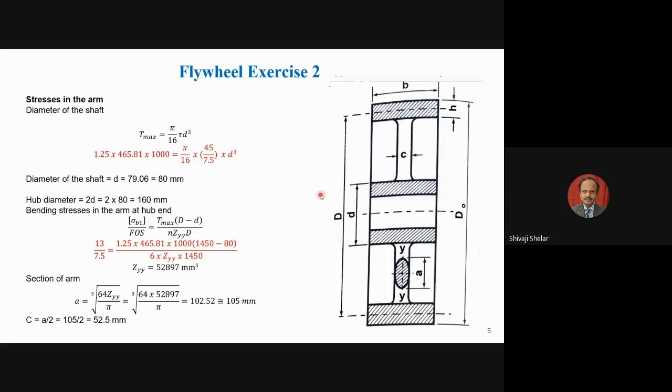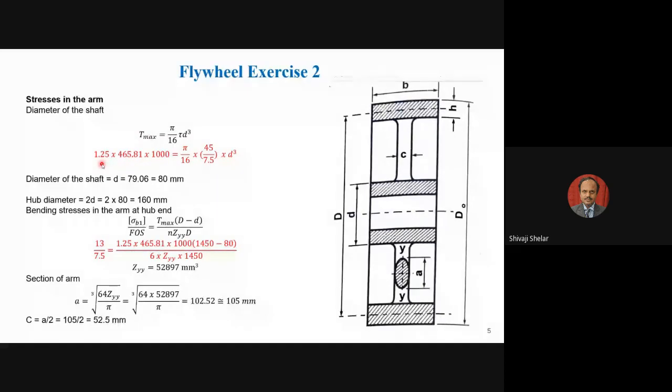So for that, first we should know the shaft diameter here. I'm not calculating this D. I'm calculating this inside part here. So T max is equal to, based on your maximum shear stress theory, T max is equal to 5/16 tau into d cube. What is the T max? T max is equal to your T mean into the maximum loading capacity.